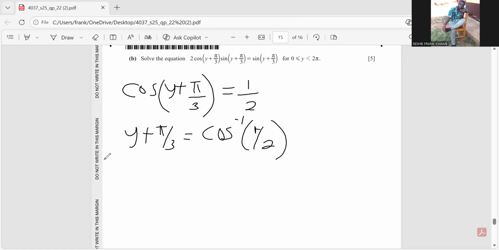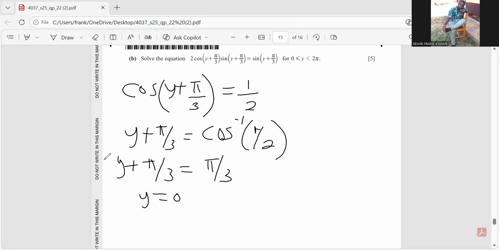The first angle in the first quadrant for cos inverse of half. So cos inverse of half is 60, that's pi over 3. So if the value is pi over 3, we have y plus pi over 3 being equal to pi over 3. So y should now be 0.